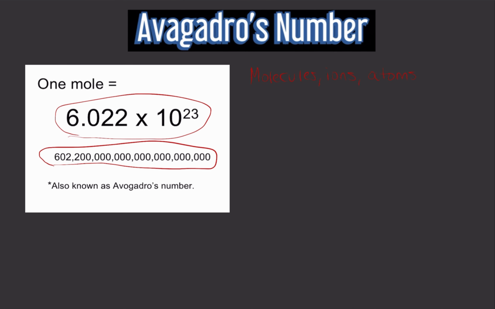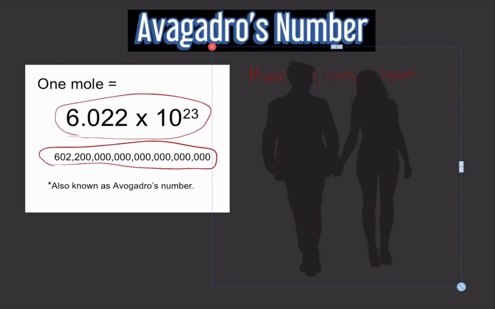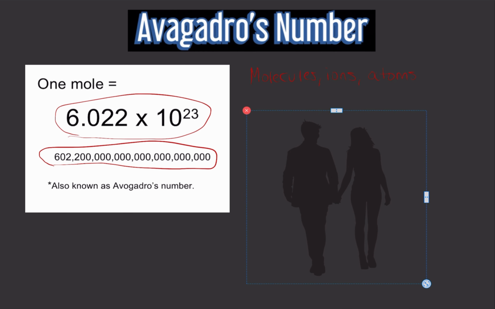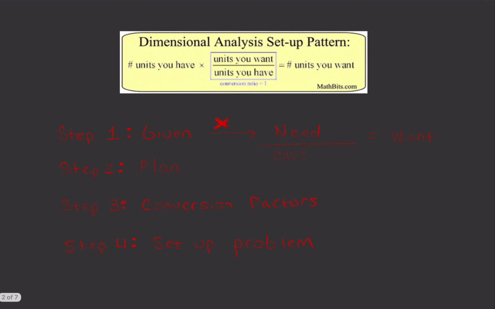Or if we say a couple represents 2 people, a couple of tires, a couple of mangoes, this represents 2. But in chemistry, a mole represents 6.022 times 10 to the 23rd units. Again, whether that's molecules, atoms, or ions, correct?